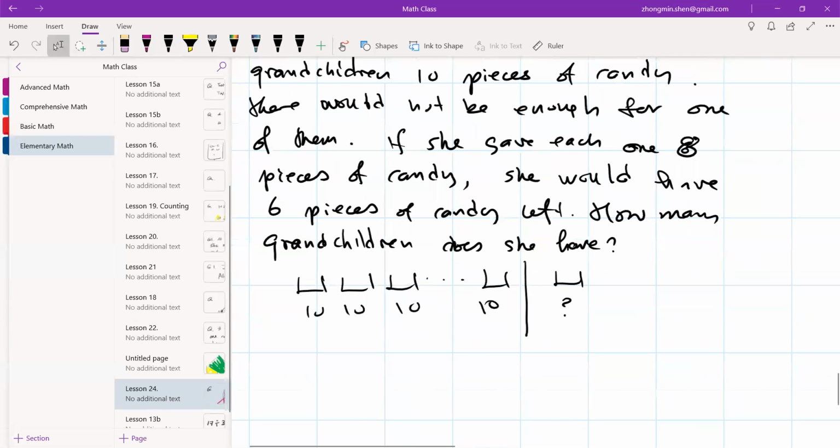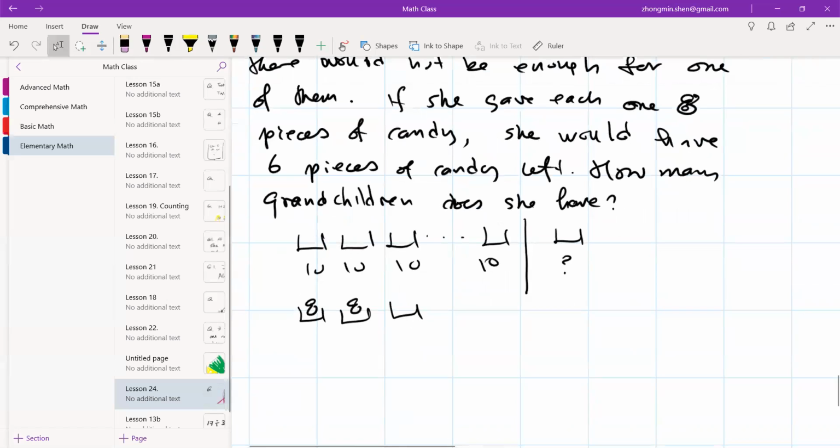They say, okay, we're not going to distribute in this way. Okay, so you have to distribute 8 pieces. And then the last one also gets 8 pieces.